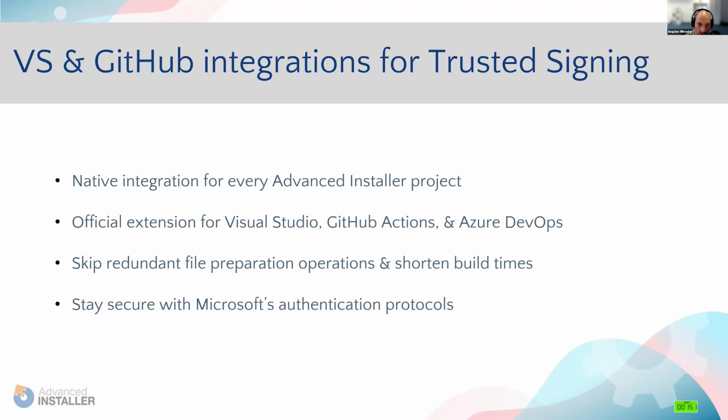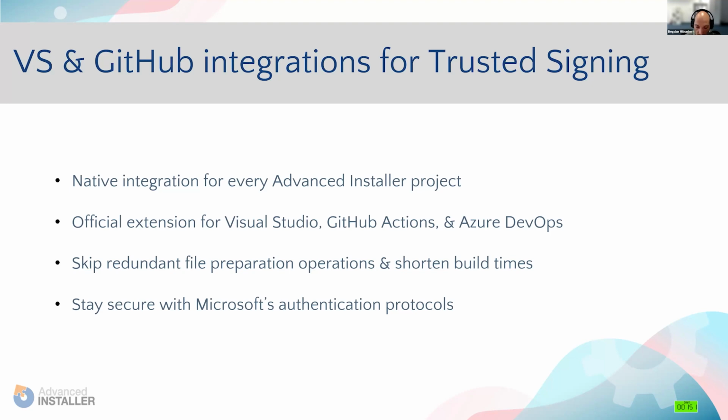And we followed up on that with support for Visual Studio, GitHub Actions, and other integrations that we have. We have Azure DevOps, and I think we also have Bamboo and Jenkins, yes, for those. And the integration is very simple. It's all related to the Advanced Installer project that you initially create or update on your machine, as you'll see in the demo.